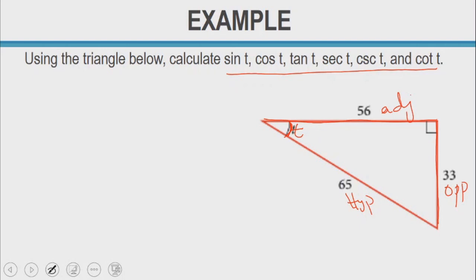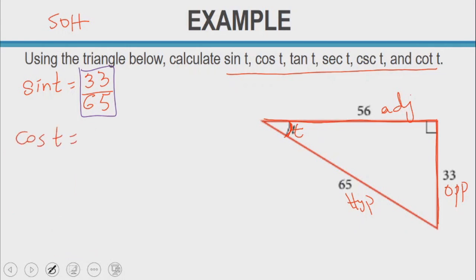So once you have done that, now we can start to find sine T. So sine T is opposite over hypotenuse. So the opposite is 33 in this case, and the hypotenuse is 65. So that is sine T. And for cos T, that is adjacent over hypotenuse.